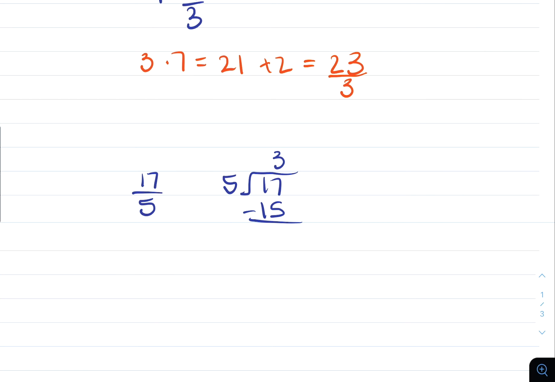So we have 15 from 17, which leaves us a remainder of 2. So our whole number is going to be this 3 here. And then 5 is our original denominator. And then we take that remainder for our new numerator. So 17 over 5 becomes 3 and 2/5.